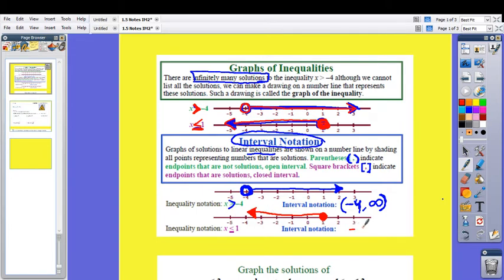So we will say negative infinity, and then this endpoint is 1. So since we do not know what is the last endpoint for infinity, so we always put parentheses for it. Now this 1 is also the solution for your inequality, so you will be putting the bracket for it. Okay, this is how you graph it.